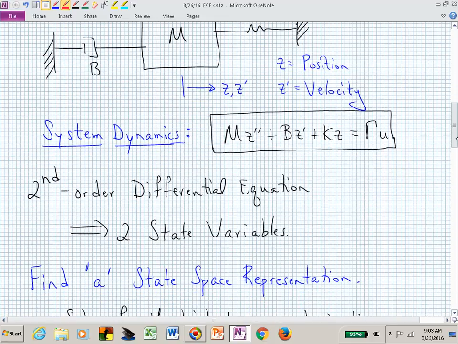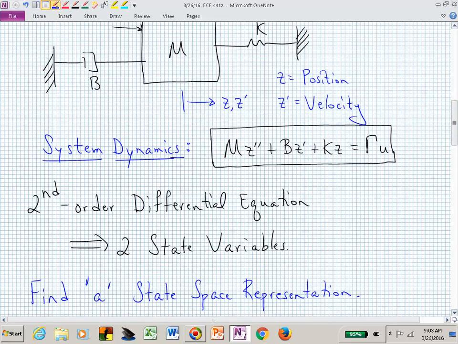But some of the key features of this system and its dynamic representation is the fact that it's a second-order differential equation. And that gives us a big key as to what we need to be constructing when we're building a state space representation. In fact, since it's second order, that says we have two state variables.